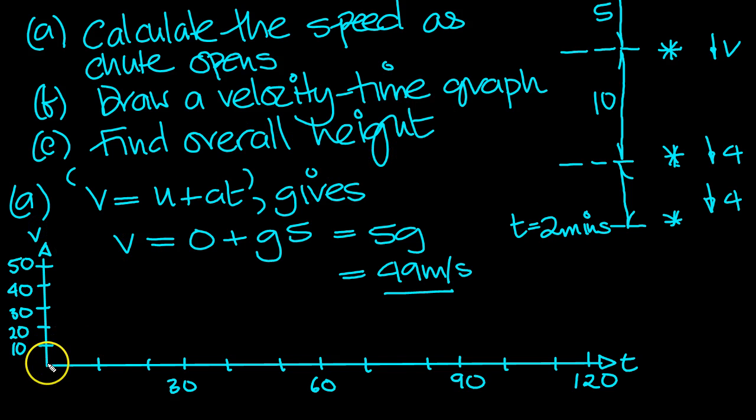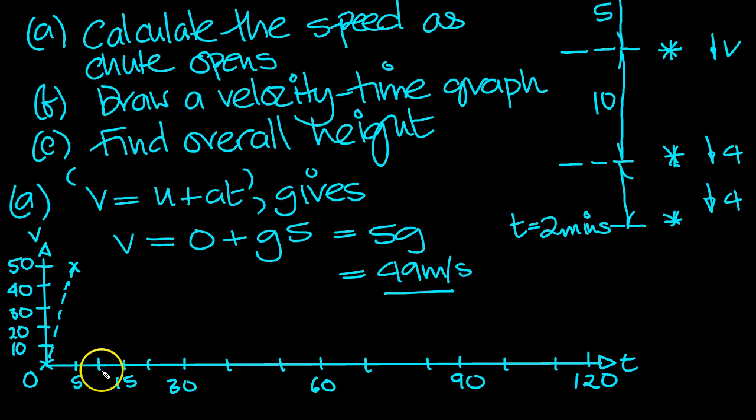Initially the velocity is 0 at time t equals 0. Then it accelerates to 49 after 5 seconds. So up here is 49, and I'll draw a dashed line because it's easier to do with the digital pen. Then he suffers a retardation for the next 10 seconds. So that's 5, and 10 seconds more is 15.